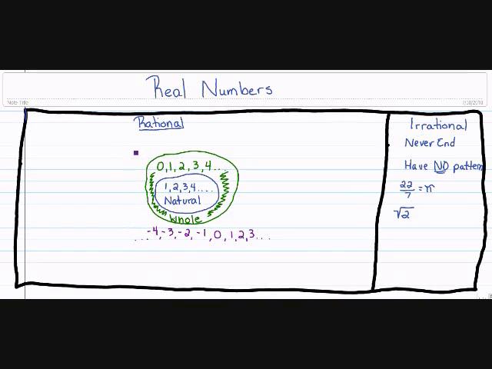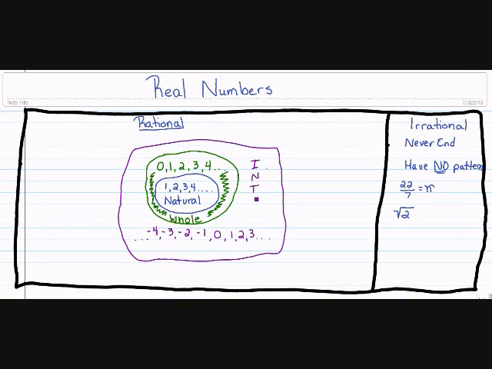These are your positive and negative whole numbers, or otherwise known as integers. They have no decimal, no fractions, just positive and negative whole numbers, including 0.